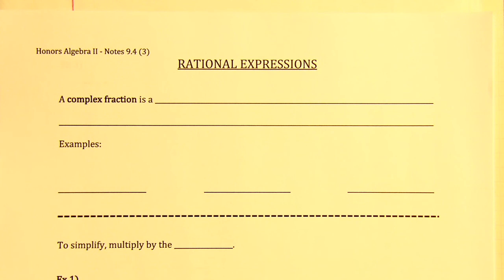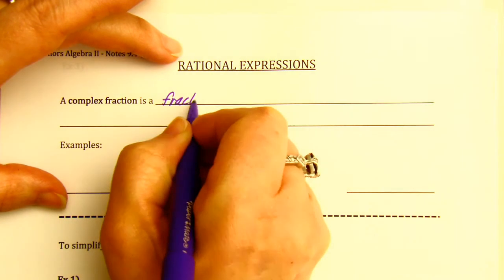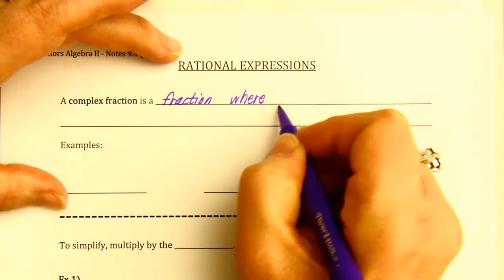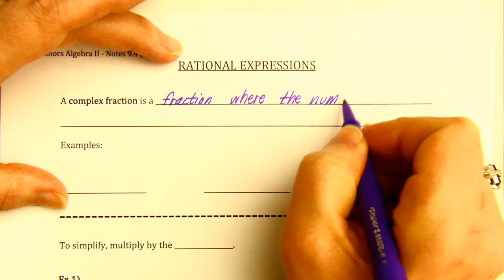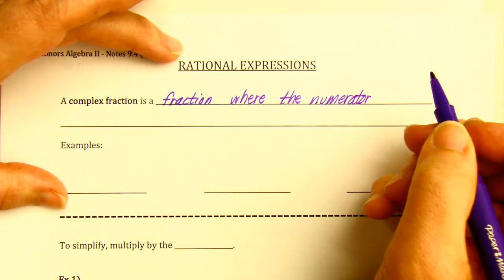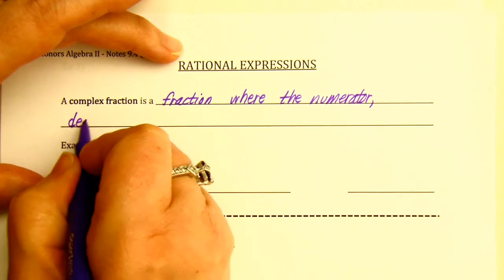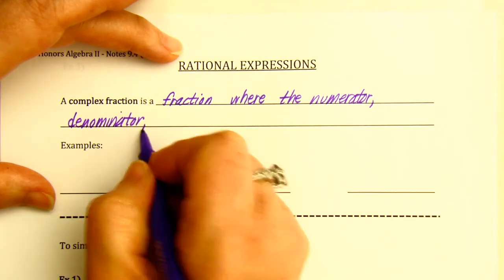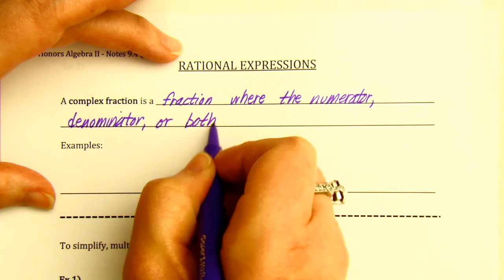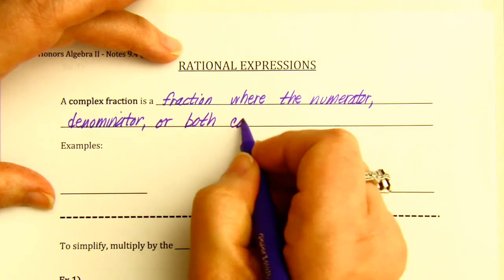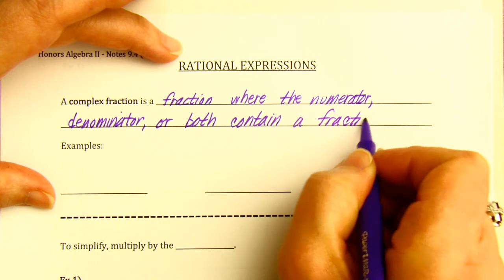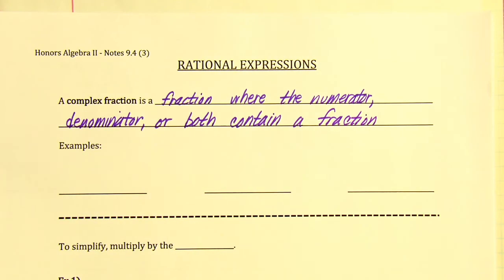They are still rational expressions, but a complex fraction is a fraction where the numerator, denominator, or both contain a fraction. So we have fractions inside of fractions.